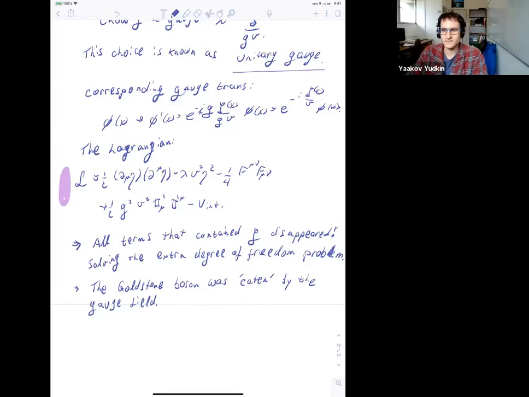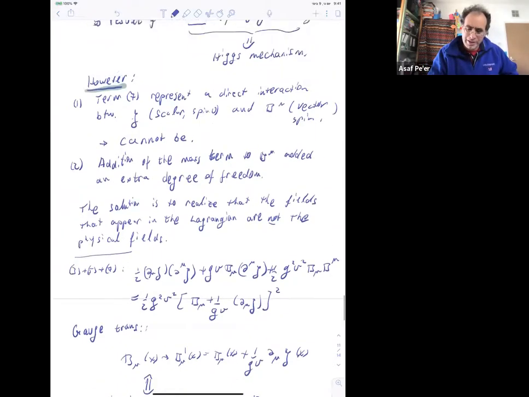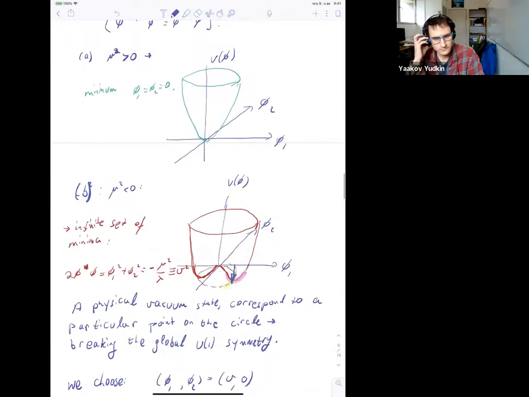But given a system where this Lagrangian describes the system, right? It's again a choice of a vacuum state essentially, which breaks the symmetry. You would get it anyway. You just have this extra degree of freedom that you need to get rid of. The picture I have in mind is this picture here, right?